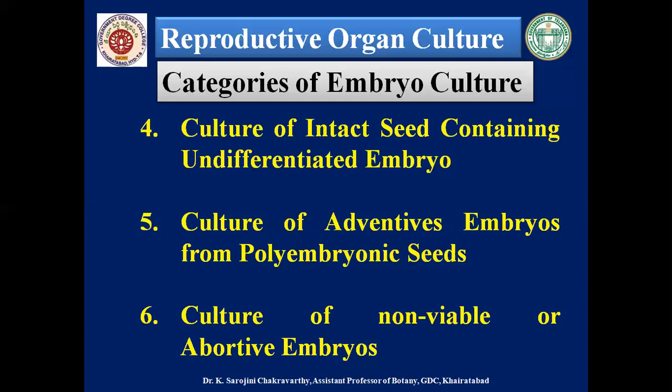The last is culture of non-viable or abortive embryos. We have seen this in ovule culture, especially in plant breeding experiments. Interspecific or intergeneric breeding experiments are done, and when the process is unsuccessful, they produce non-viable or abortive embryos.